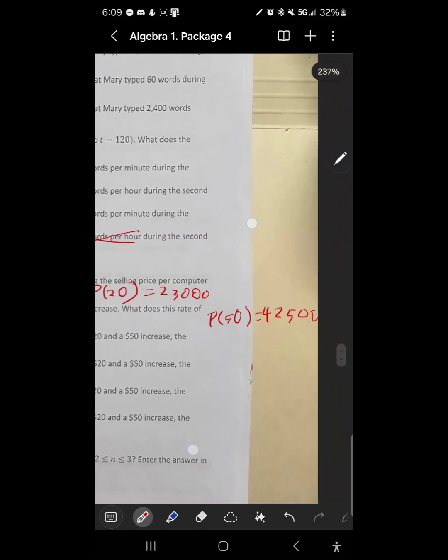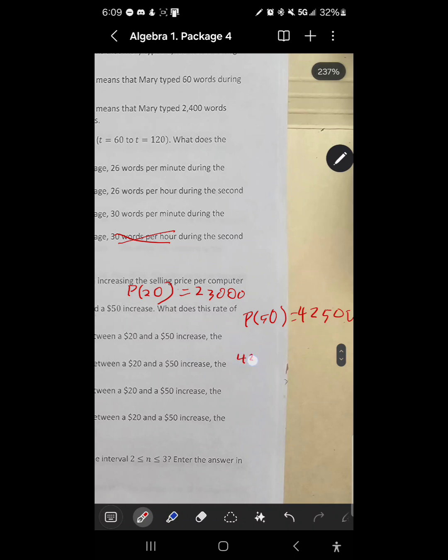Now, if we want the average rate of change, we'll say 42,500 minus 23,000 over 50 minus 20. This will be 18,500 if I'm not mistaken, over 30.